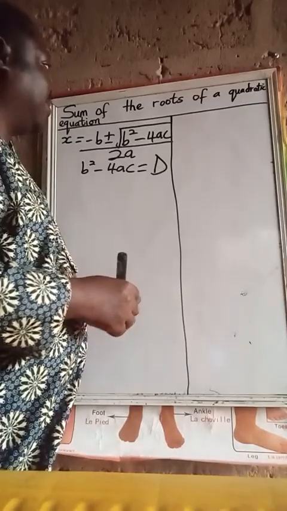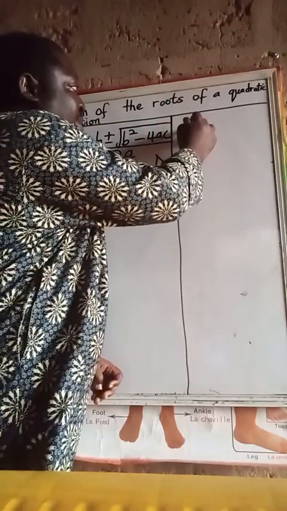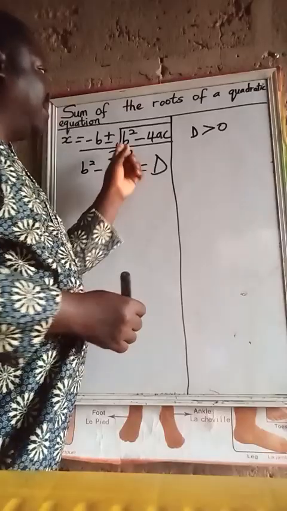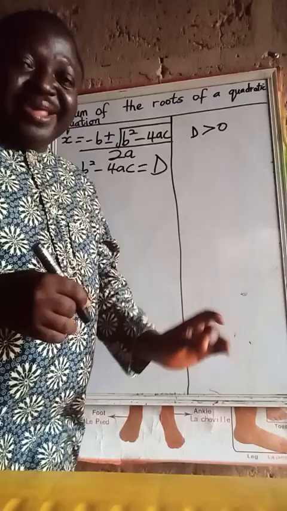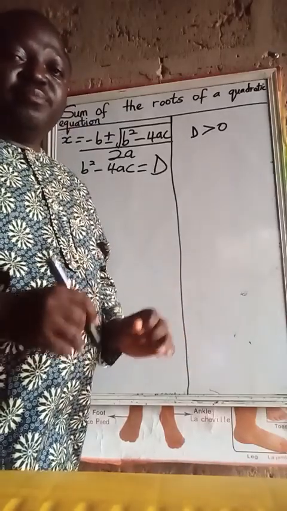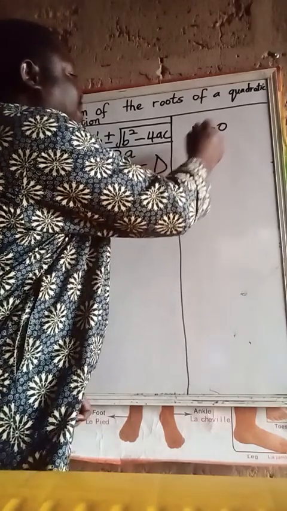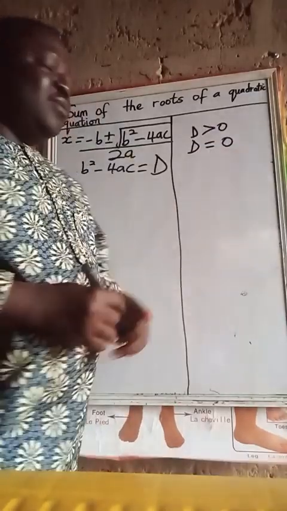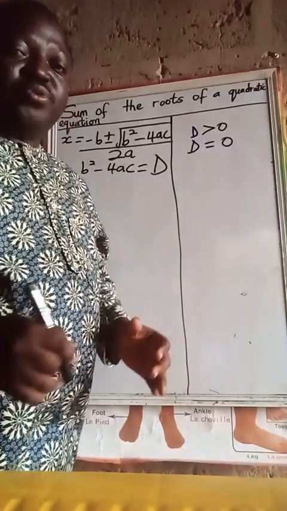Now, for instance, if this discriminant D is greater than 0, then that means the roots of this equation will be two distinct real roots. If this discriminant is equal to 0, that means the roots of this equation will be two equal roots.